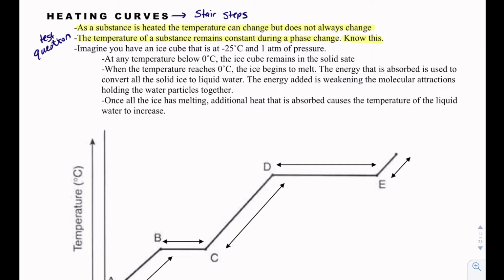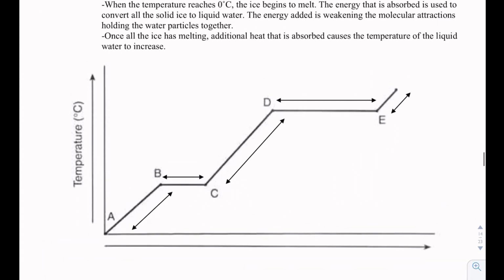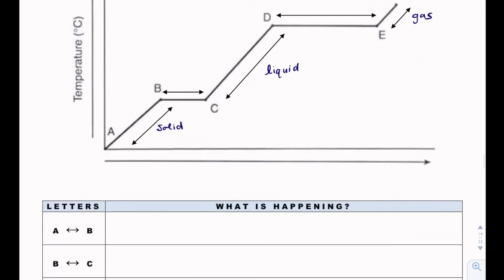Okay. So we have a heating curve here, and from this section we have solid. From this section we have liquid, and in this last section we have gas. So what is happening between A and B? So if we're going from A to B, our solid is absorbing heat.